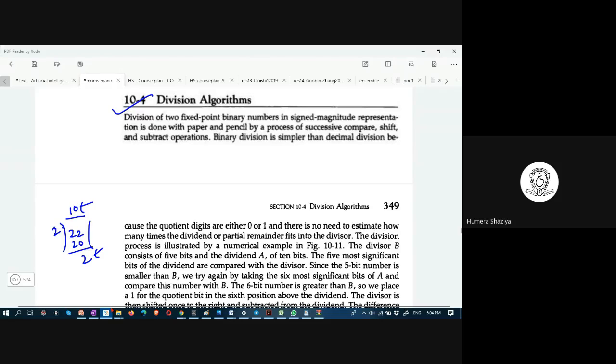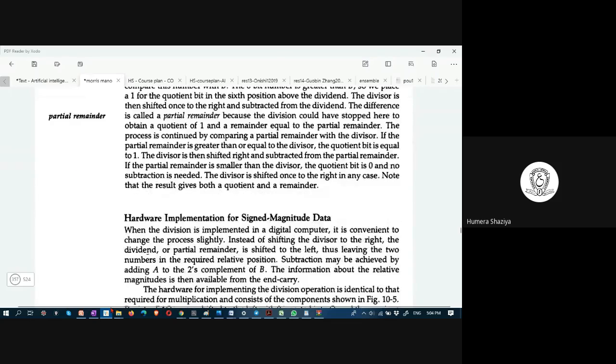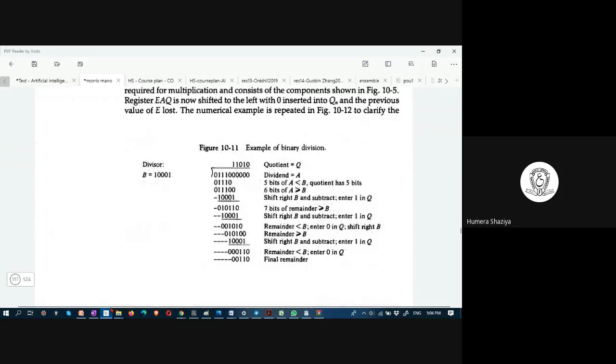When we are doing binary division, the process is illustrated in this figure. We have divisor B and it comprises 5 bits.